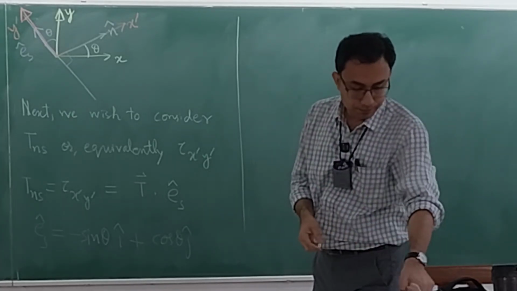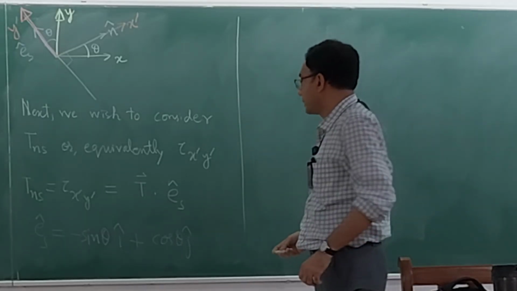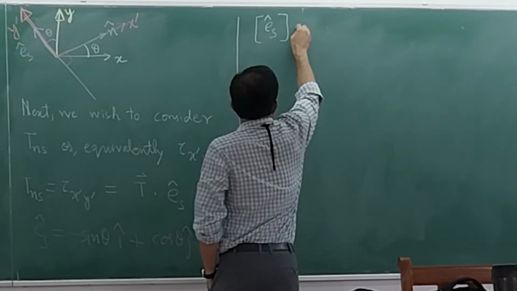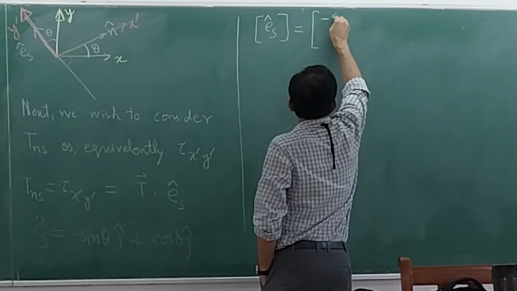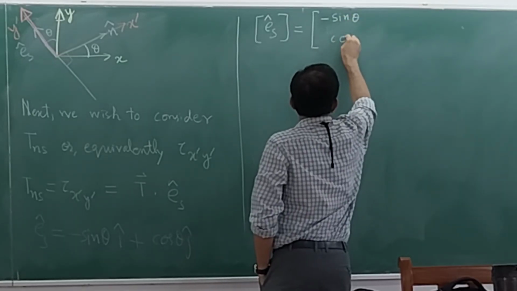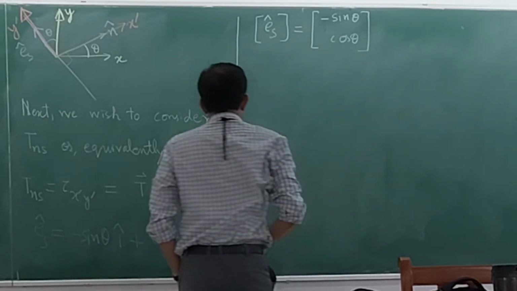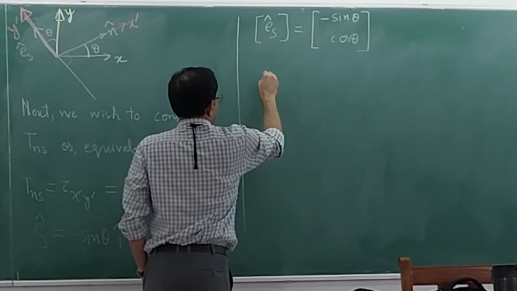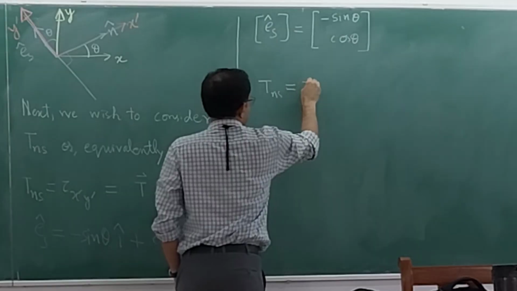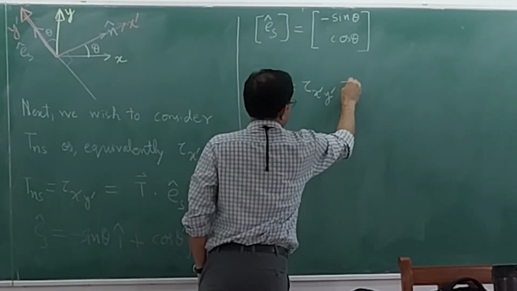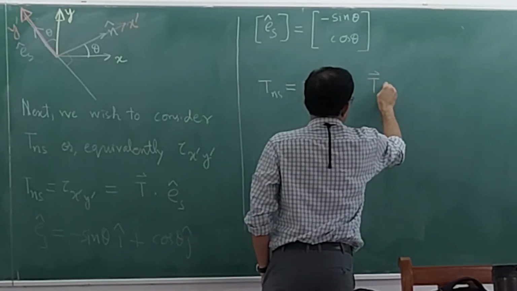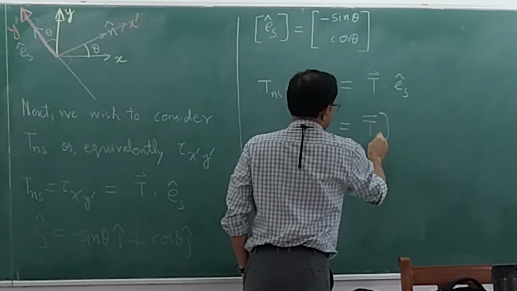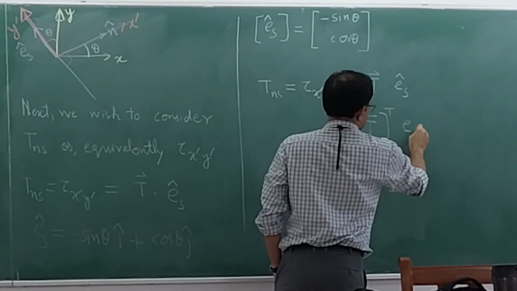If all that is true, then this thing can be written in matrix form as minus sine theta cos theta. Right? Tns, equal to tau x dash y dash, can be written as T dotted with Es, which is nothing but T transpose Es.